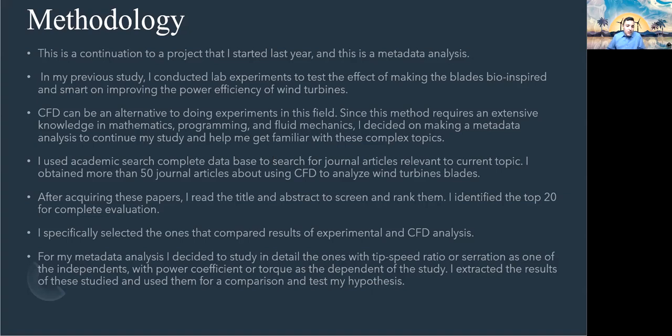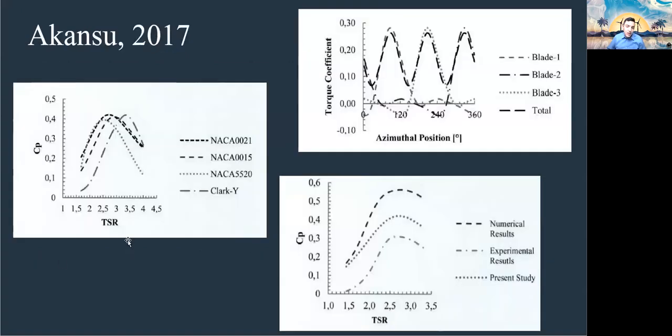So let's see some of the main important journal papers that I used. This is a study done by Akantu in 2017. The tip speed ratio was compared with the power coefficient.